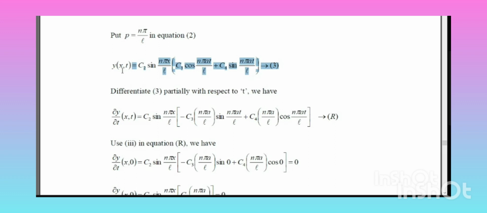So dou y by dou t is C2 sin n pi x by L. You have to differentiate this equation number 3.